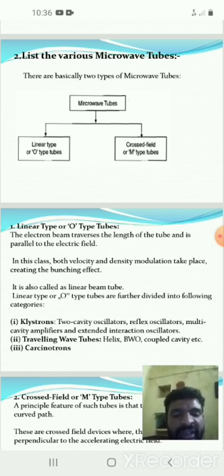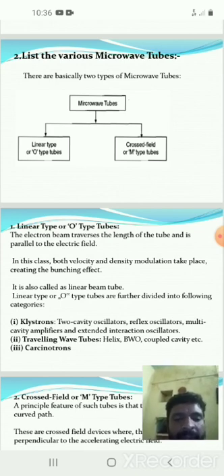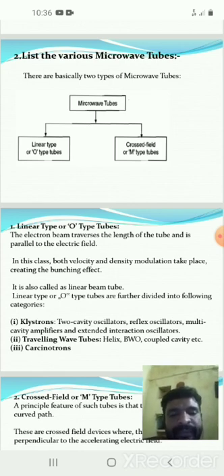These are the klystron types. Traveling wave tubes: examples are helix, BWO (backward wave oscillator), coupled cavity, etc. And third one, carcinotrons. These are the classification of linear type or O type tubes.